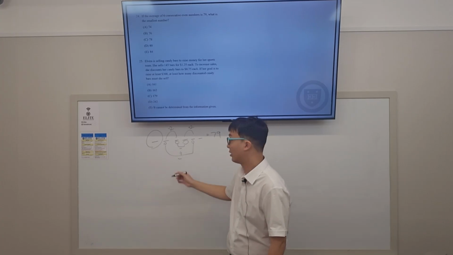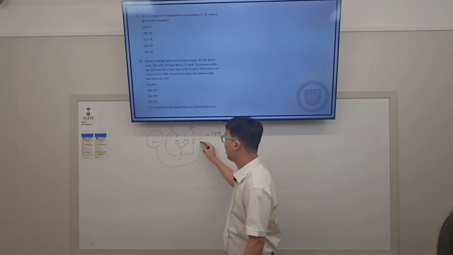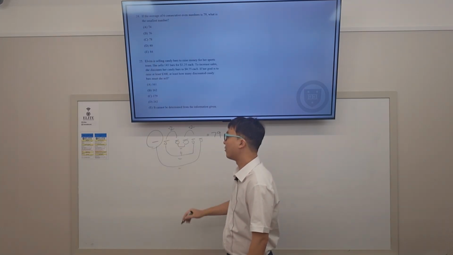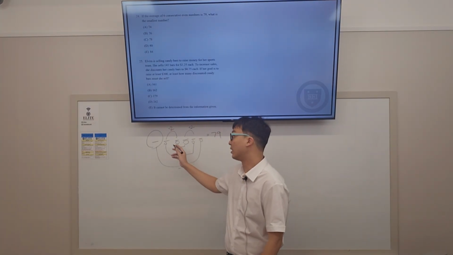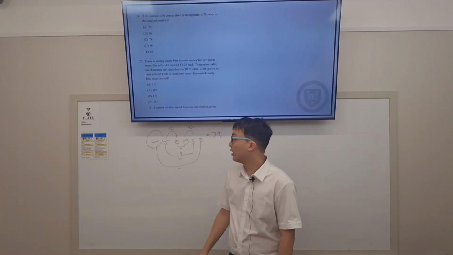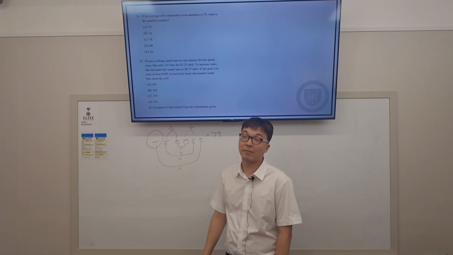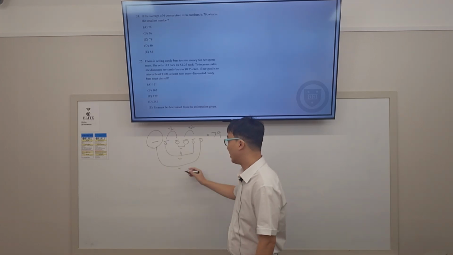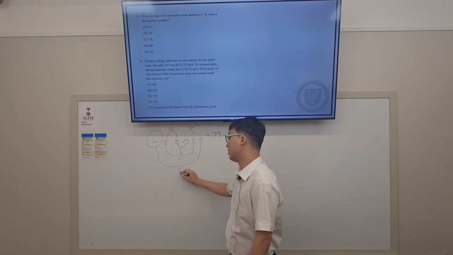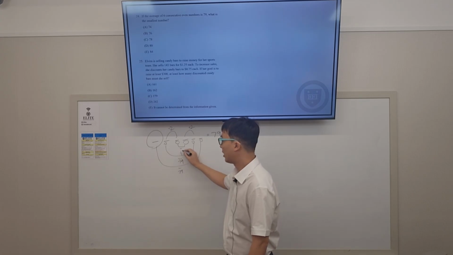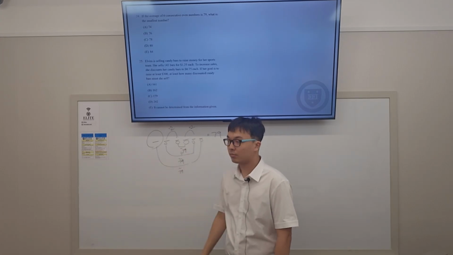By the same logic, the sum of these two has the same average as this pair and this pair. Therefore, because all three of these pairs have the same average, we conclude that these three pairs must have an average of 79. 79, 79, 79.